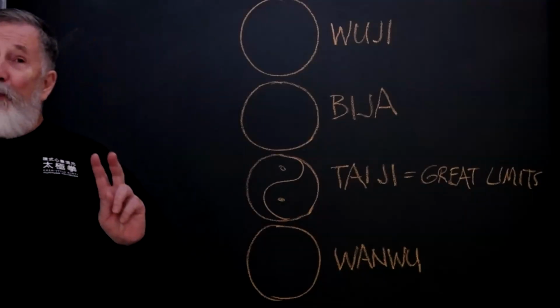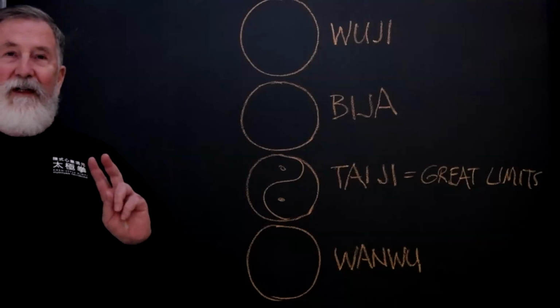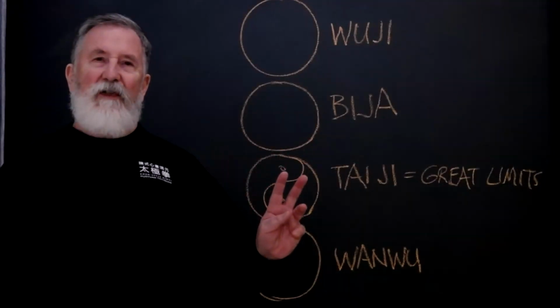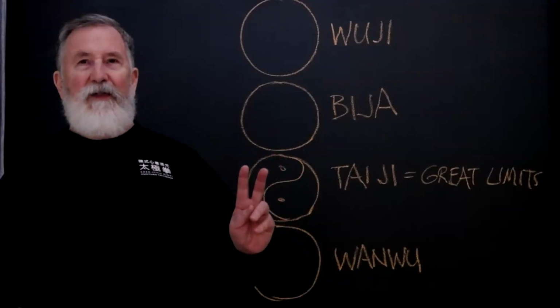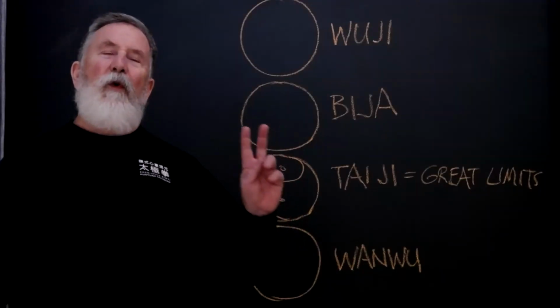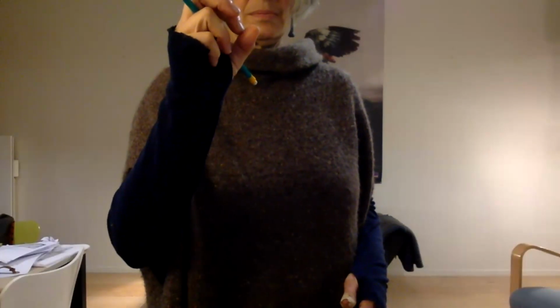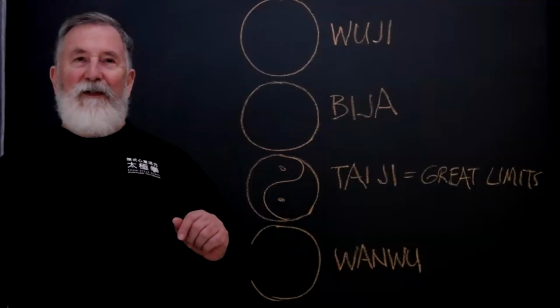Wuji is also two words, Wu and Ji. Ji refers to the ridgepole of a house, or we might translate that into English as limits. What does Wu mean? No, zero. So it means no limits.